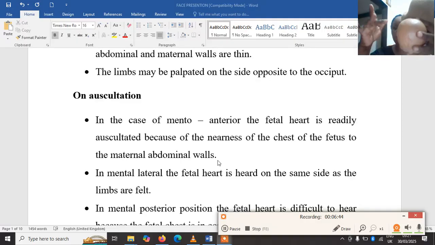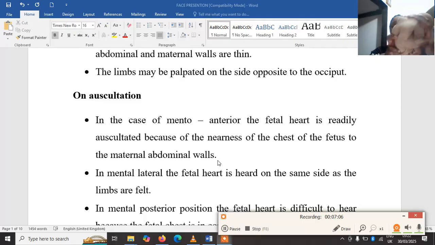This means that if the mentum is anterior, facing the anterior part, as we put the fetoscope here, we shall be able to listen to the fetal heart.